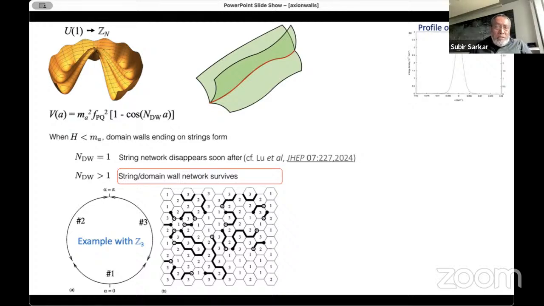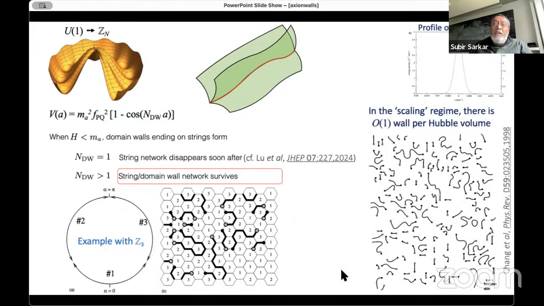And you can see just visually, this is a picture from a paper by Sekiguchi and collaborators. If you have a Z3 symmetry, I just mark a honeycomb randomly with 1, 2, and 3, and then you can identify regions where there is the same vacuum, and then here is a different vacuum, and the domain walls are at the boundaries.